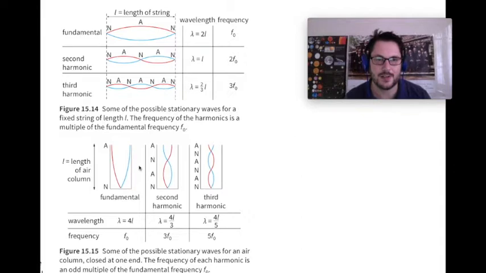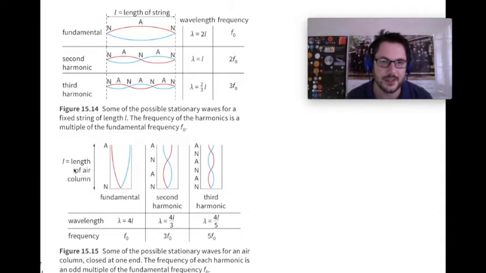Okay, so that's waves on a string. Let's have a look at another way: stationary waves in containers. This could be open at one end, or it could be open at both ends. To get a stationary wave, it's going to be different. But here we've got a tube which is closed at one end.